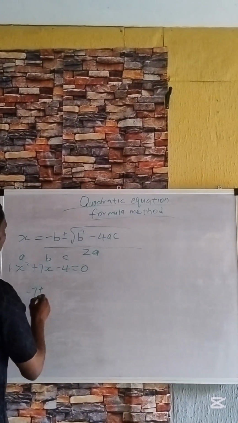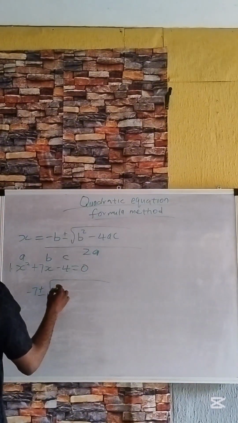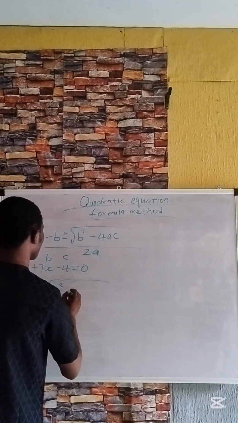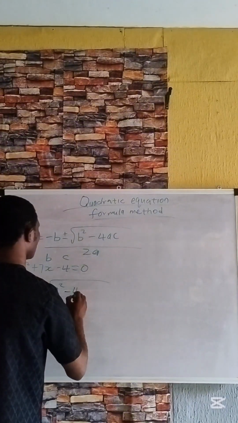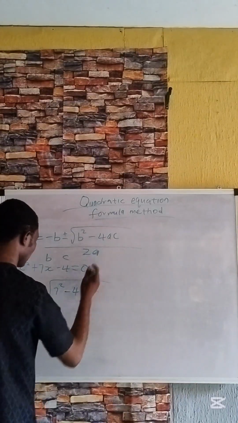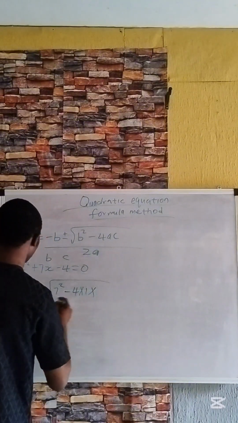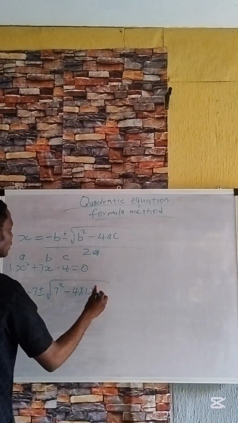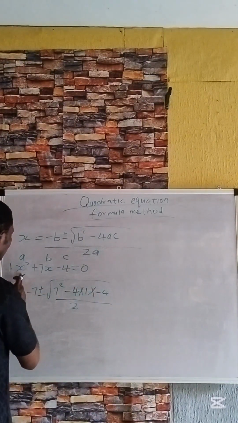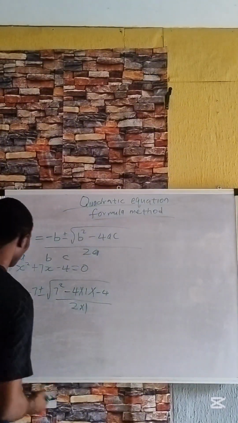So plus or minus the square root of b squared, which is 7 squared, minus 4 times a, the coefficient of x squared, which is 1, multiplied by c, which is negative 4, all over 2 times a, which is 1.